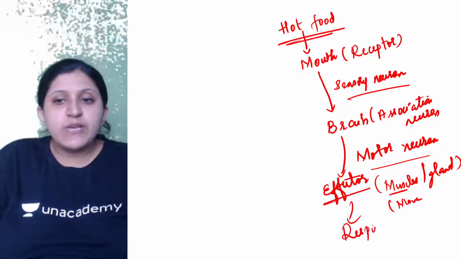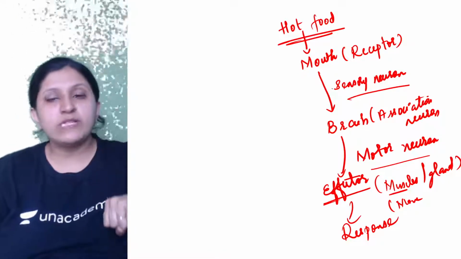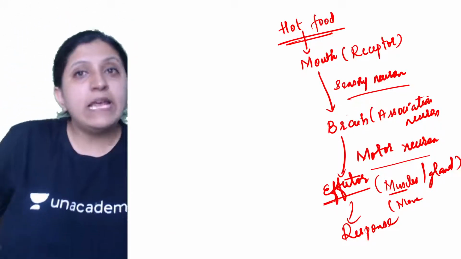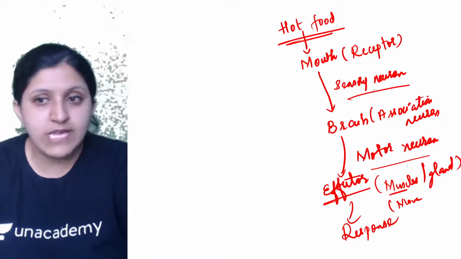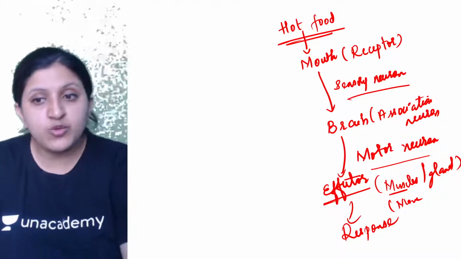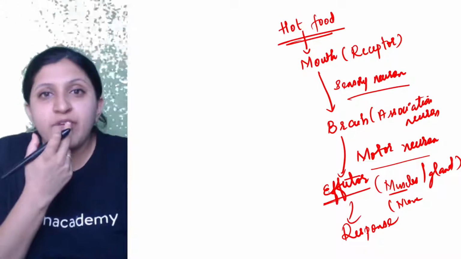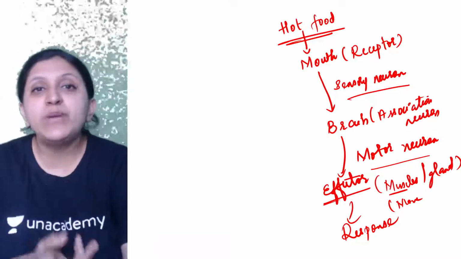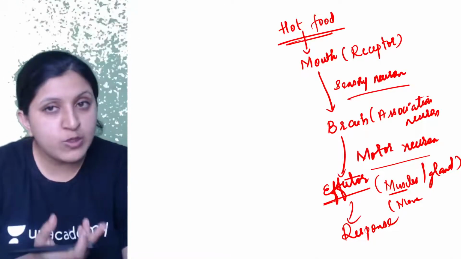So the response is this: when you keep hot food, the receptors receive a signal, then through the sensory neuron the signal is sent to the brain. In the brain there is an association neuron which connects the information from the sensory neuron to the motor neuron. The motor neuron carries the information to the effector, that is a muscle or a gland. Now the muscles of the effector, that is the tongue, get a response from the brain to spit it out, or otherwise you are going to burn your tongue.